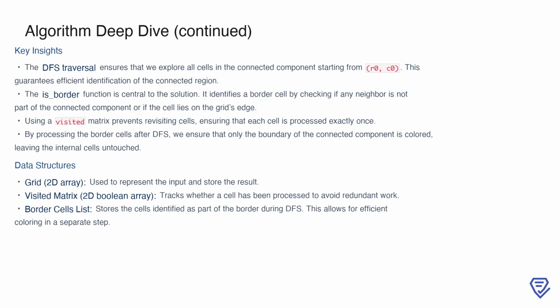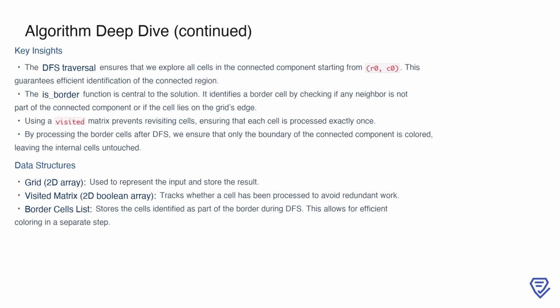By checking each cell's neighbors and its position relative to the grid's edges, we can reliably determine its border status. The use of a visited matrix is another important aspect, as it prevents revisiting cells and ensures that each cell is processed exactly once. Additionally, separating the identification of border cells from the coloring step simplifies the algorithm and avoids unintended changes to the grid during the DFS process.